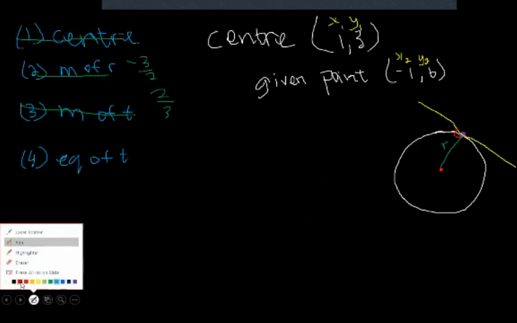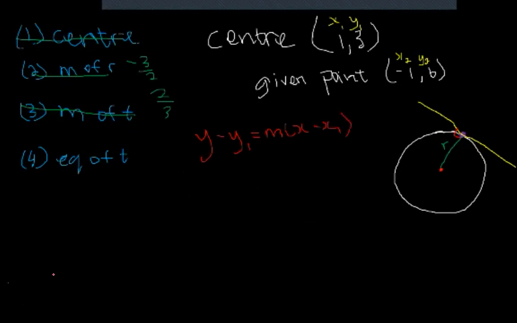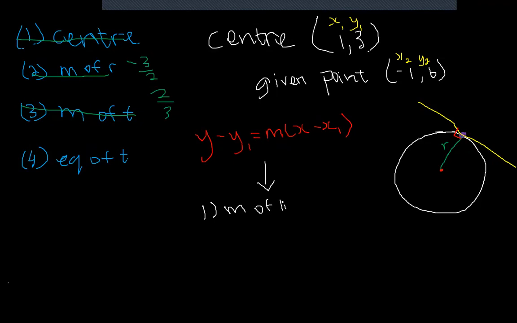We know there are two ways to find the equation of a line. You could use y equals mx plus c, or you could use this, y minus y1 equals m times (x minus x1). There's a catch when finding the equation of the tangent though. This formula allows us to find the equation of any line when given the gradient of the line and a point on the line.